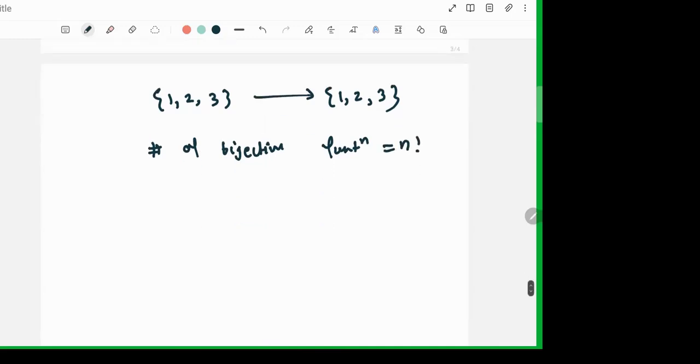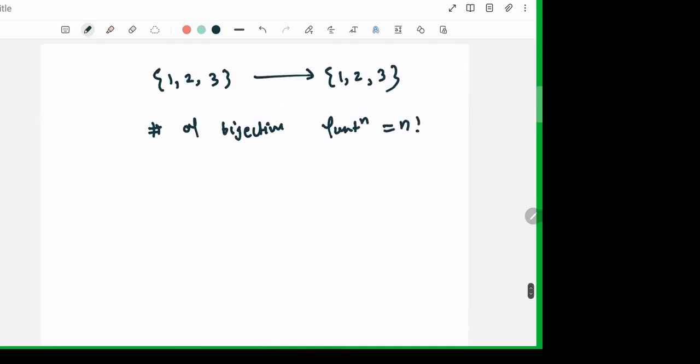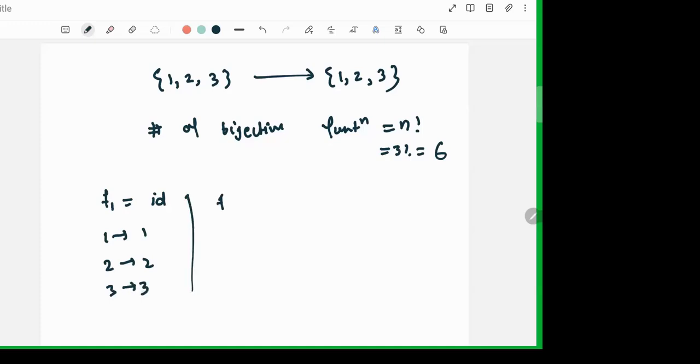So now let's write all these functions, f1 to f6, since 3 factorial equals 6. Let's write all these 6 functions and then their closed forms, so things will be clear. What is f1? f1 is the identity function, taking 1 to 1, 2 to 2, 3 to 3. What is f2? f2 takes 1 to 2, 2 to 1, 3 to 3.